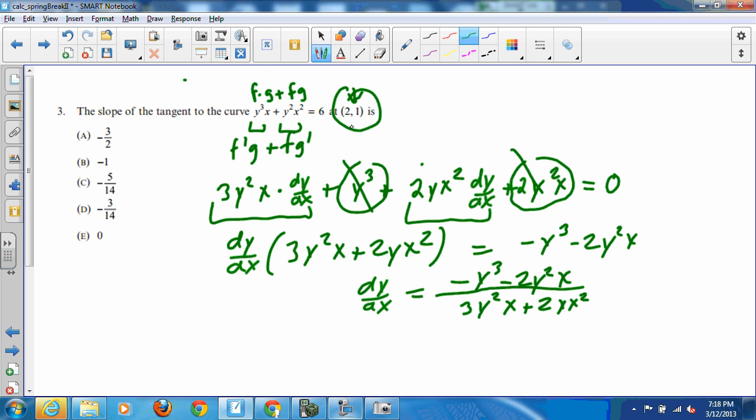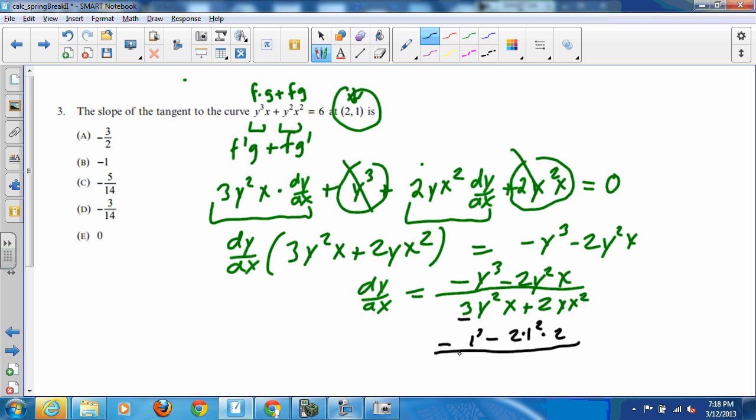And then we're going to plug in our x is 2 and our y is 1. Let me switch colors here. So we have negative 1 cubed minus 2 times 1 squared times x, which is 2, and that takes care of the numerator.